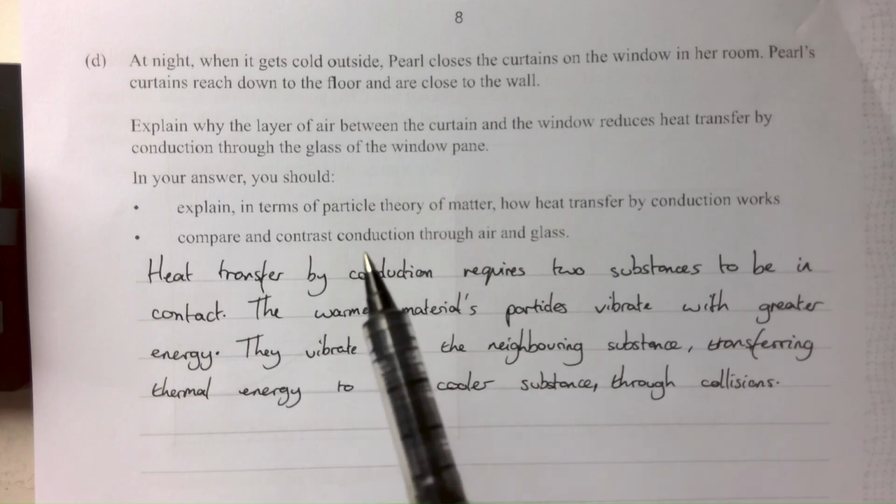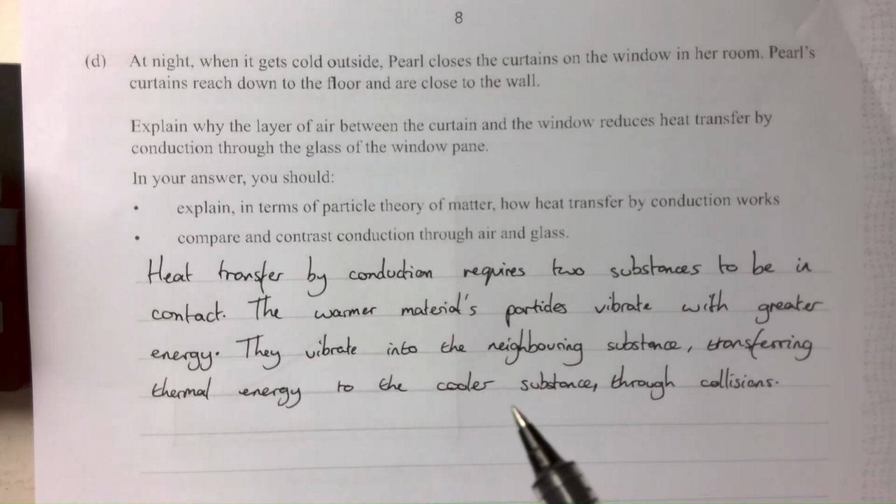We now need to compare and contrast conduction through air and through glass. So thinking about the states of matter of air and glass, glass is, for all intents and purposes, a solid, and air is a gas. Therefore, we're going to describe the difference in the particles between solids and gases.